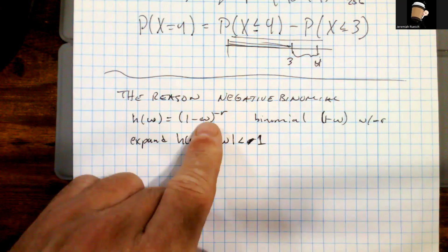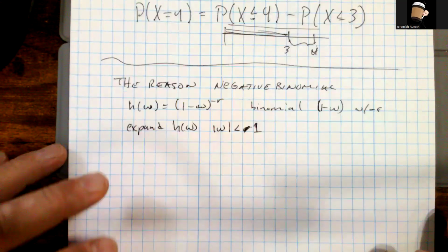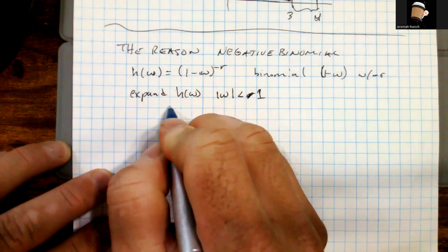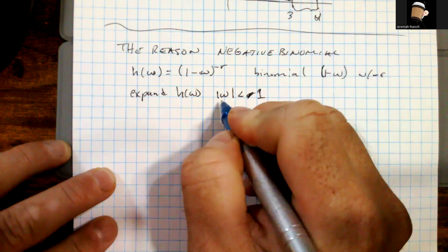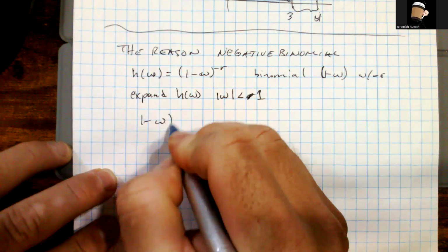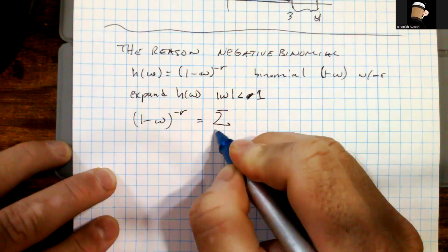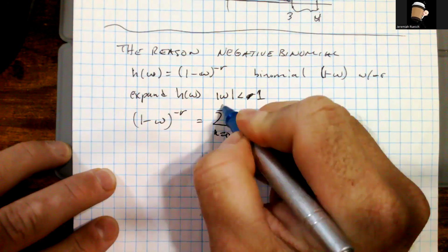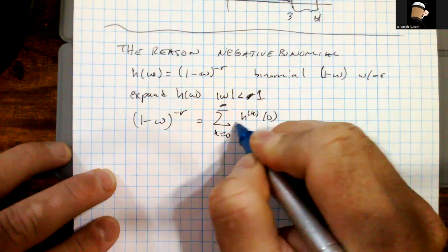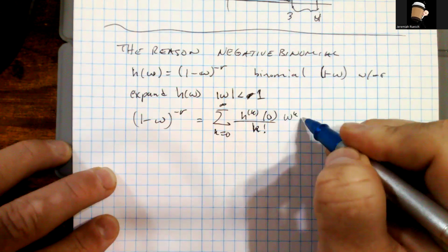In other words, as long as we're not dividing by 0, the radius of convergence for this series is the absolute value from -1 to 1. So as long as W is within that range, the series converges, and we can write 1 minus W to the negative r as the sum of k equals 0 to infinity of h to the k at 0 over k factorial times W to the k.